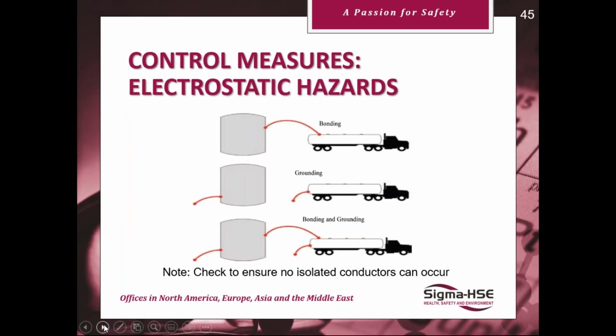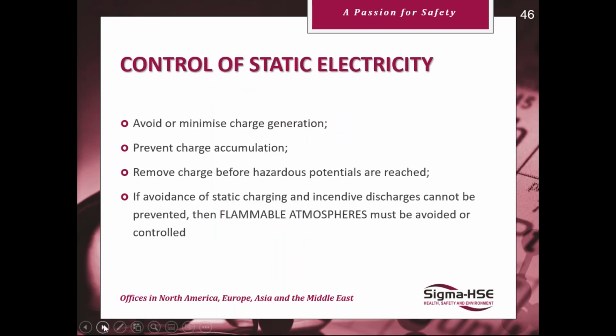Controlling measures, we have bonding, grounding. Note, check to ensure no isolated conductors can occur. What I'm telling you is you have to make sure that the earth or the bond has got to be continuous. So avoid or minimize charge generation.